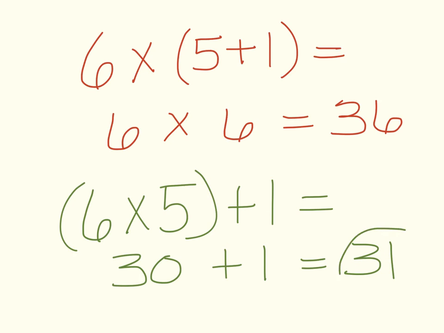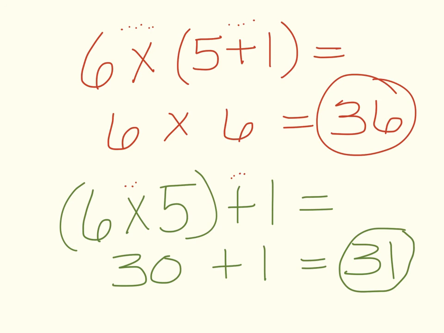Uh-oh. 31 as opposed to 36. But notice, I had multiplication and addition, and up here, multiplication and addition. They weren't all addition, they weren't all multiplication. So, always remember, go to those parentheses first. Do what's in the parentheses first, then you do the other things.